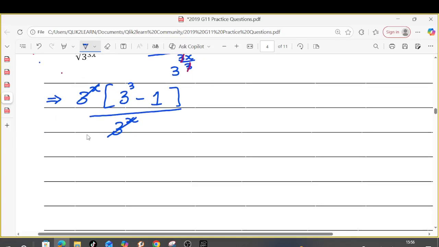What is the answer there? 3 to the power 3, I think this is 27. Is it 27? Yes, this will be 27, then we minus 1. So on top we still have 27 minus 1, which will give us 26. So the answer of 26 is your final answer.